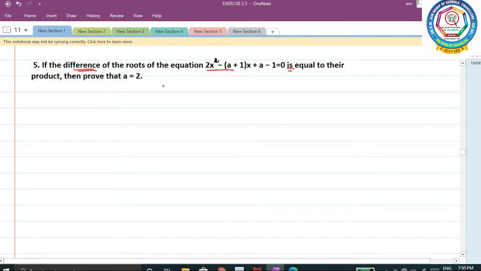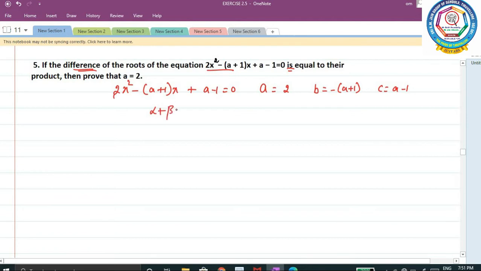The equation given is 2x square minus (a plus 1)x plus (a minus 1) equals 0. First we have to write what a, b, c are. a is equal to 2, b is equal to minus (a plus 1), then c is equal to a minus 1.